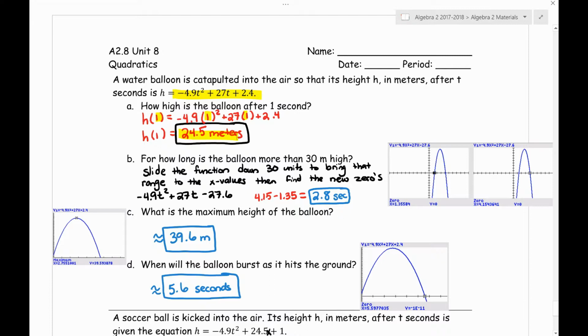Now, how long is the balloon more than 30 meters high? Well, if I want to know the range of time, that's going to be the width of the parabola when the height is at 30.